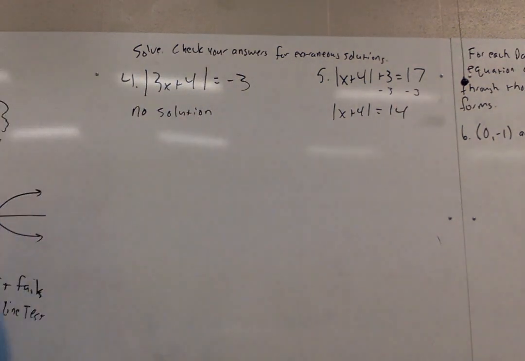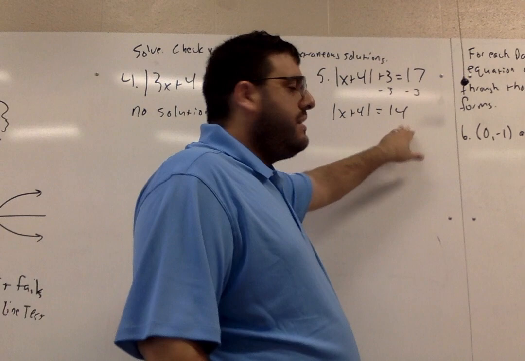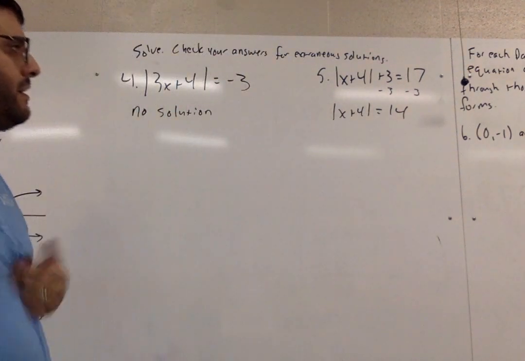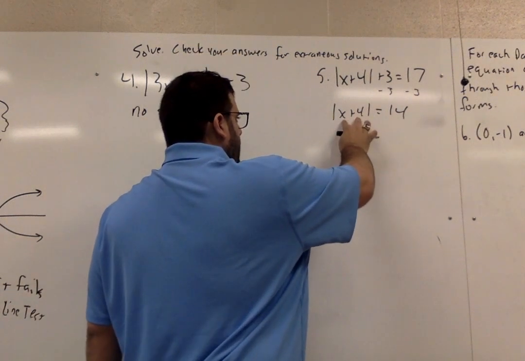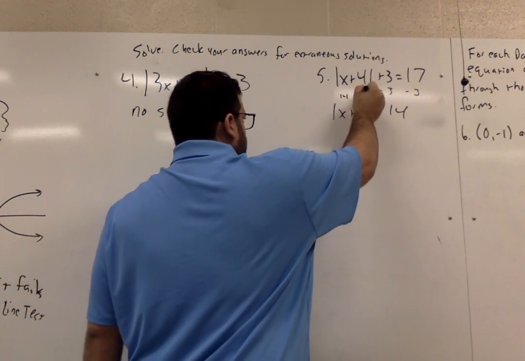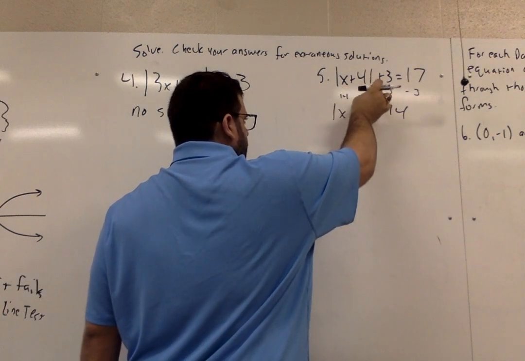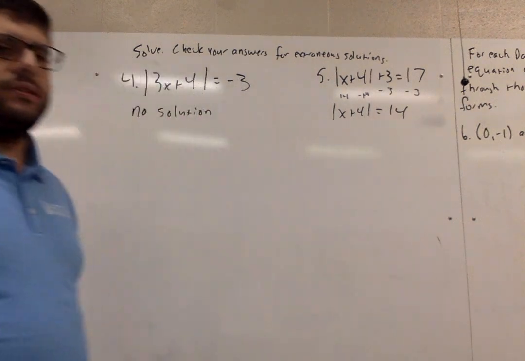Okay? Now, when I solve absolute value equations, just because absolute value is always positive doesn't mean that what's inside is always positive. So this x plus 4 can either be equal to 14 or negative 14. Because either way, when I put 14 or negative 14 through that absolute value, I still get positive 14.